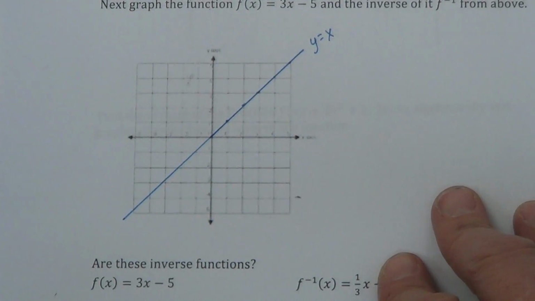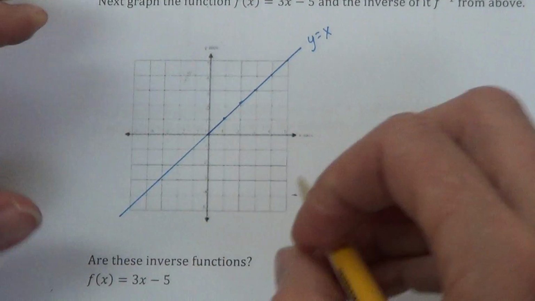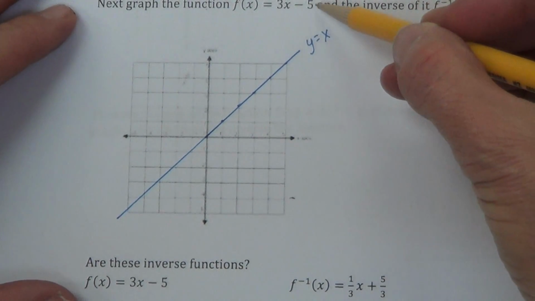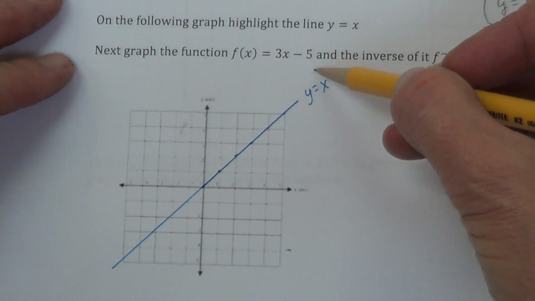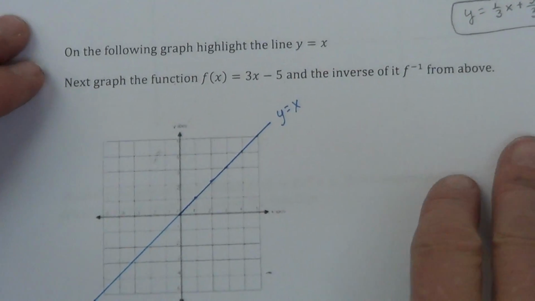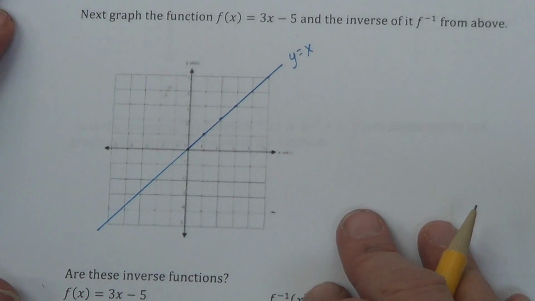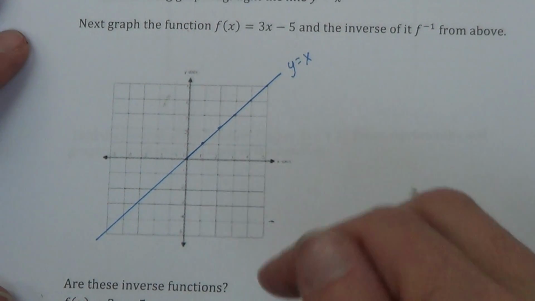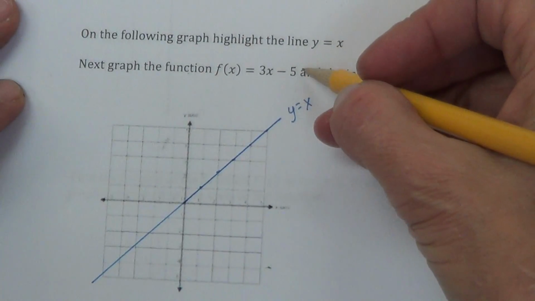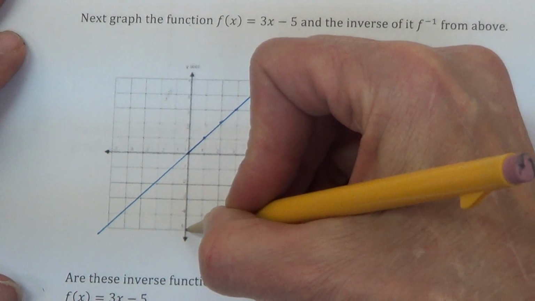Now what they're having you do is plot the equation 3x minus 5 on this graph, and then they're going to have you prove that what you just developed as your inverse truly is the inverse on the graph, just like what I just showed you. So we have a y-intercept of negative 5, so we'd come down to negative 5 and put a dot.